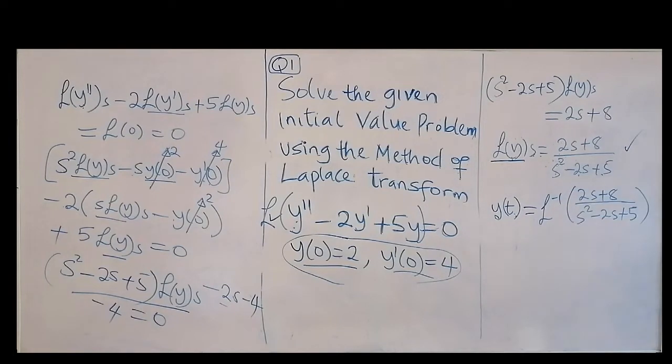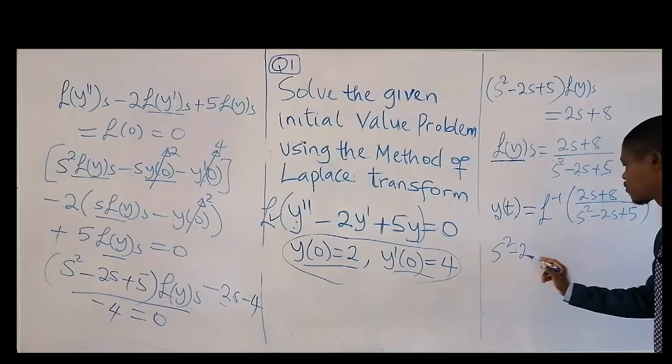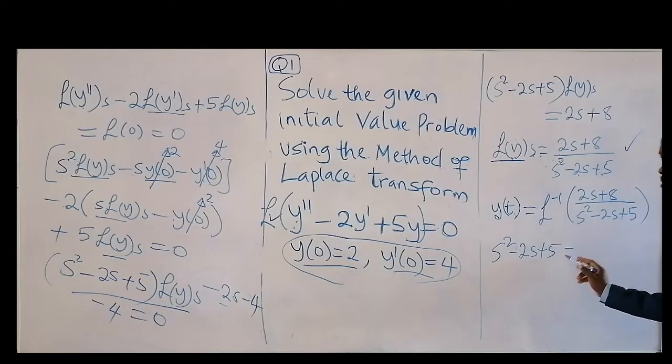So in getting the inverse Laplace of this fraction, the first thing you have to do is to check the denominator. Can we factorize the denominator? Is it factorizable? No. Factors of 5 are 1 and 5, and they can never generate minus 2. So that calls for the use of a perfect square.